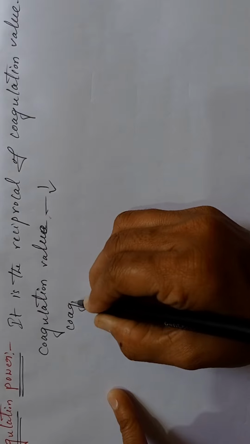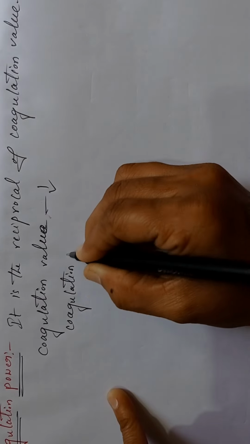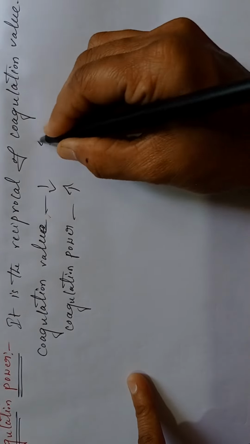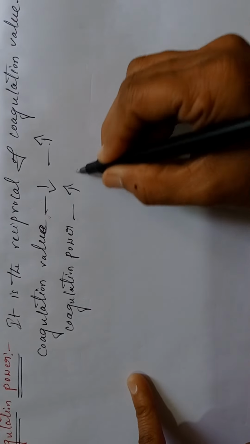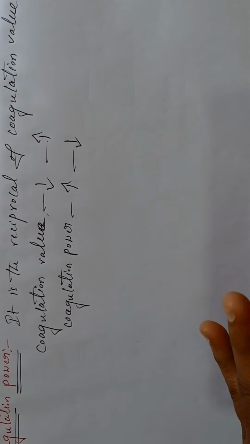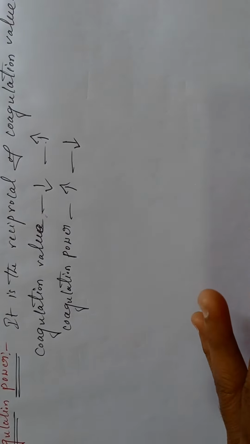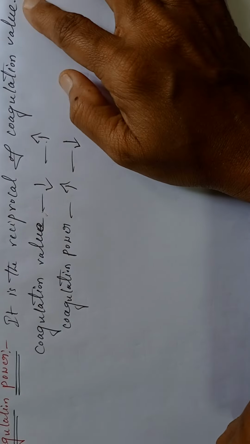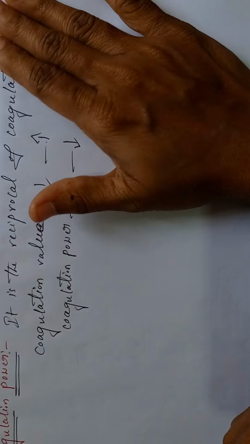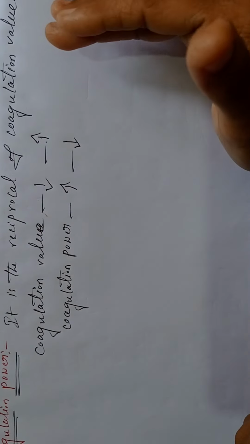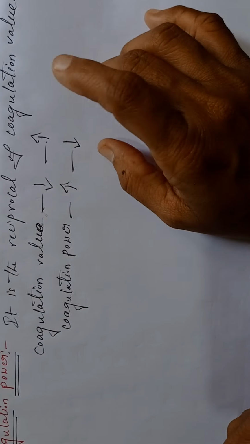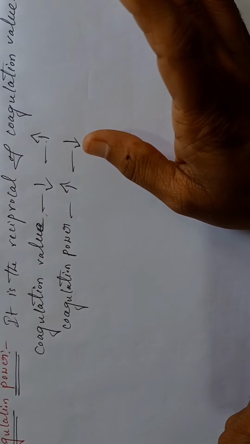If coagulation value is more, coagulation power is less. Understanding? So it is a reciprocal of the coagulation value. Coagulation value is less, coagulating power is more. Coagulation value is more, coagulation power is less. Understanding, students? So here this is the coagulation power.